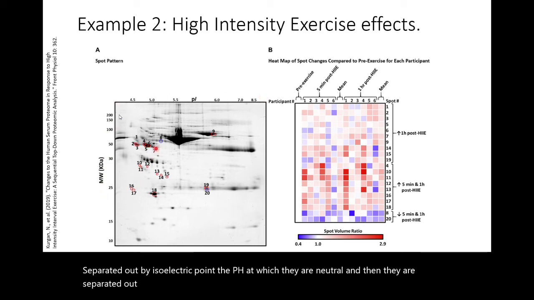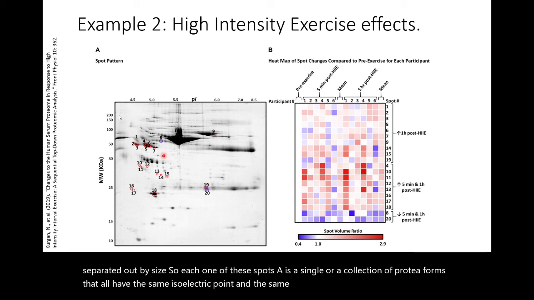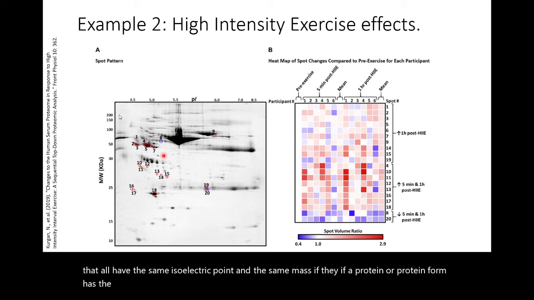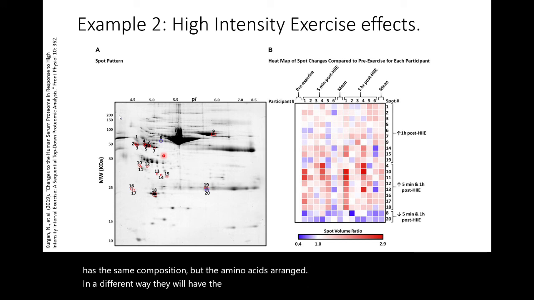So each one of these spots is a single proteoform or a collection of proteoforms that all have the same isoelectric point and the same mass. If a protein or a proteoform has the same composition but the amino acids arranged in a different way, they will have the same isoelectric point and the same mass. So they will focus to the same place.